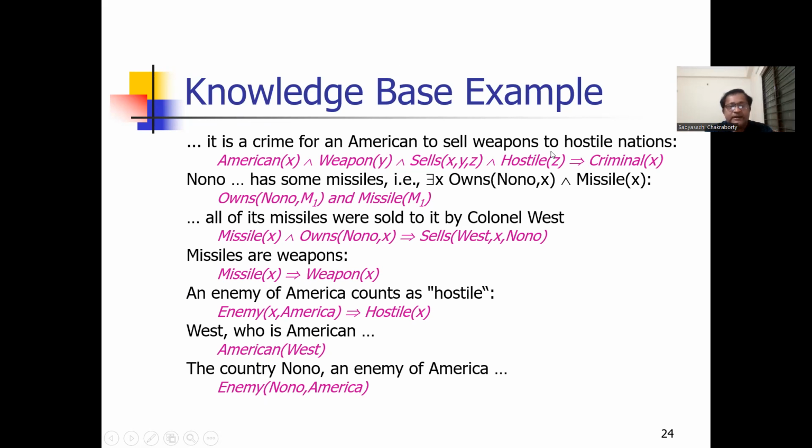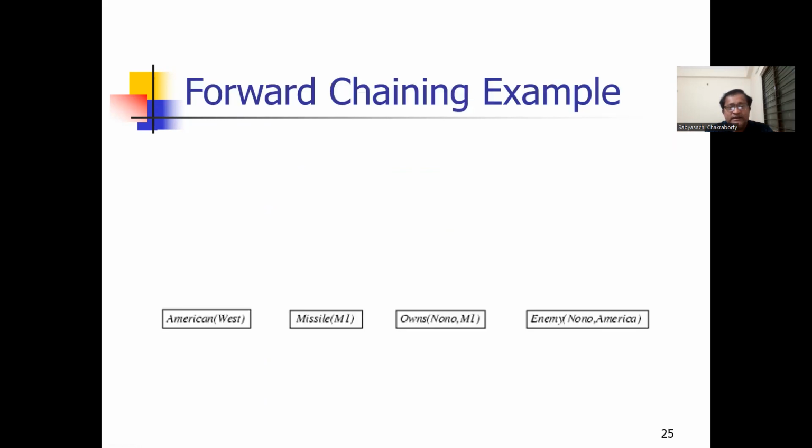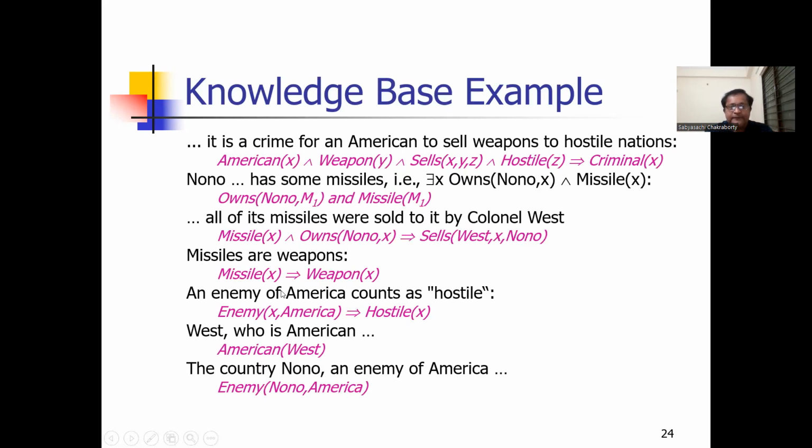So we are starting from the left hand side. What are the key variables we have? American(X), and we have other implications like enemy, American, and missile. American(X), weapon(Y), sells, hostile: those are the left hand side we have.